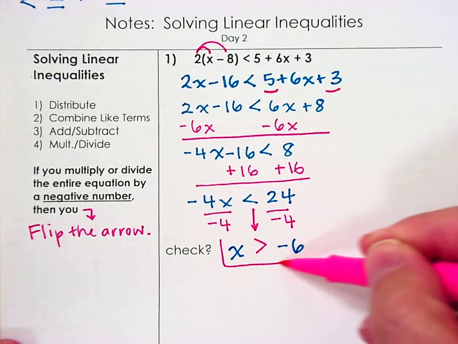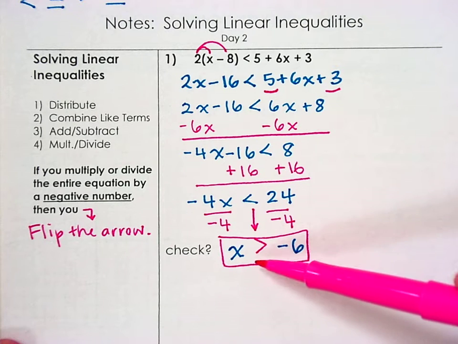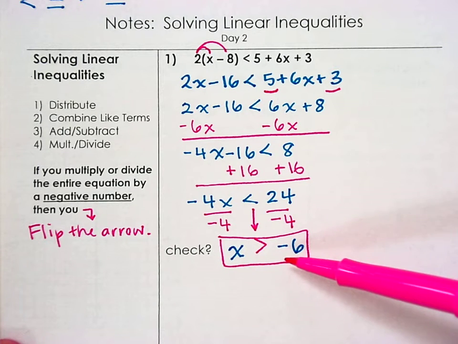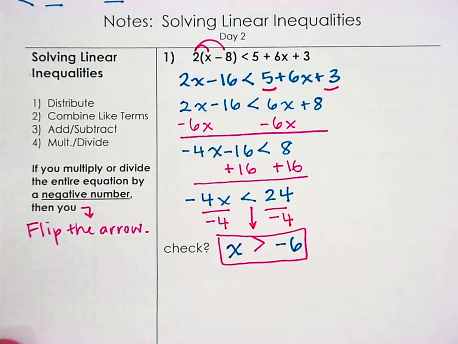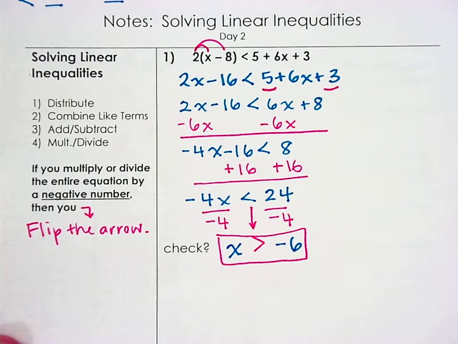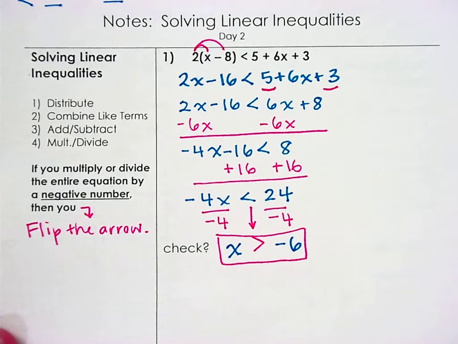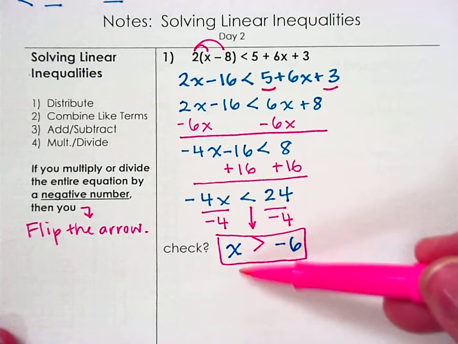So my solution is all of the values of x, all numbers, that are greater than negative 6. What types of numbers are greater than negative 6? Negative 5, negative 4, negative 3, negative 2, negative 1, 0, 1, 2, 3, 4, 5, etc. Those are all the possible solutions.